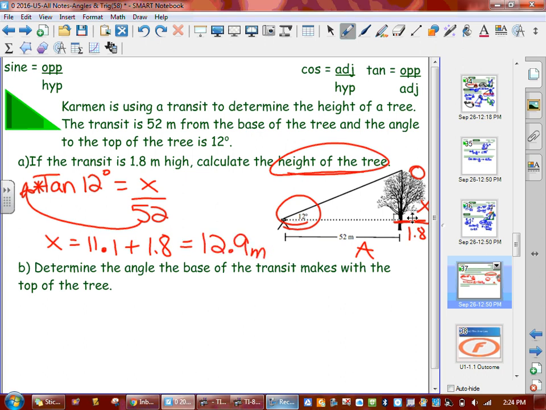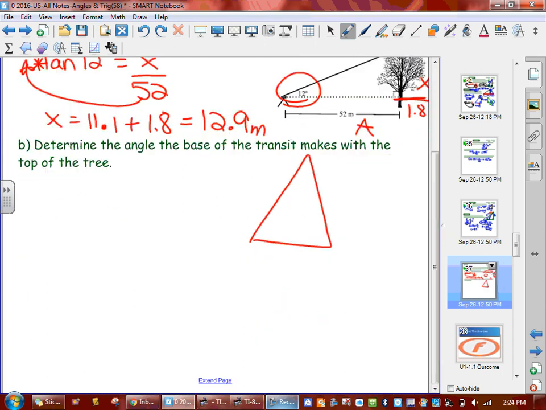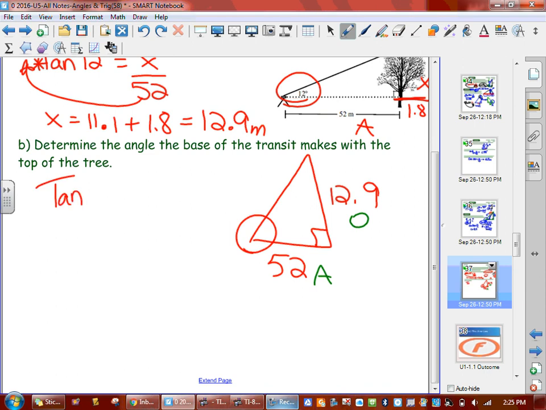We have 52, and now we want the angle with the ground. So opposite, adjacent, we are using tan again. So tan of the angle theta we don't know is 12.9 over 52. And in this case, we are going to get angle theta is 14 degrees. So it is 14 degrees with the tree and the ground. This concludes lesson D.